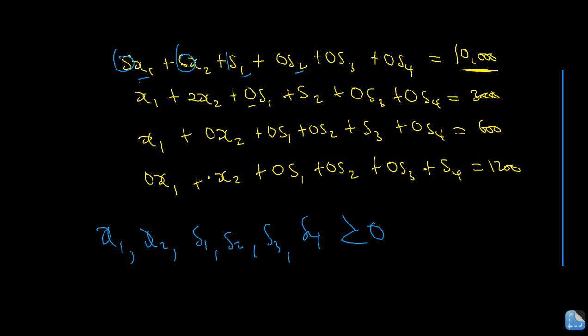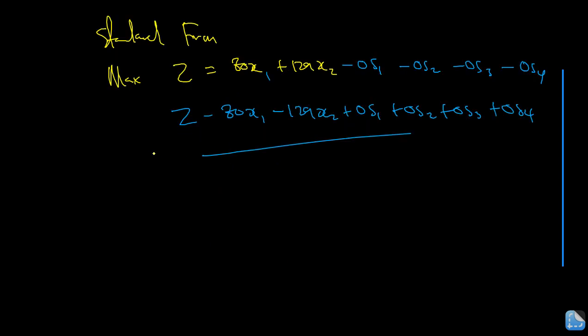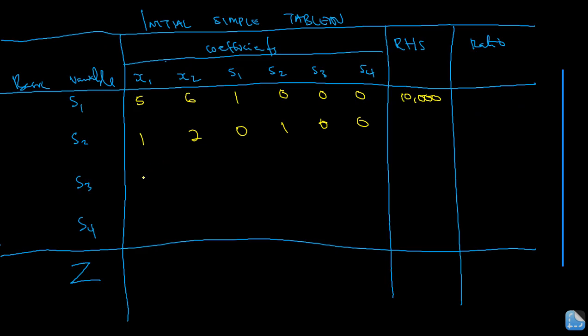Then S3, the third coefficient, we do the same thing. So it will be 1. Then we have 0, 0, 0, S3 1, then 0, and then here we must put our 3000, here we must put our 600, and the last one is S4.